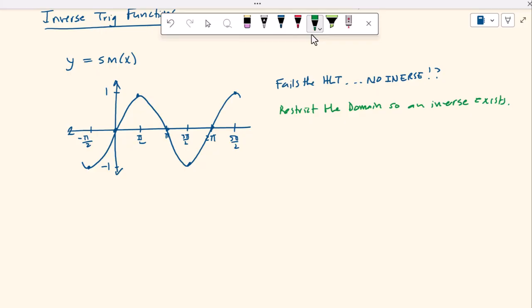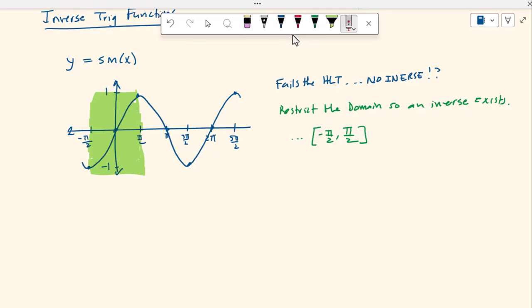So I'm going to restrict the domain to negative pi over 2 to positive pi over 2, points inclusive. That's why I have a bracket there. So this will be the region for my restricted domain for sine, and I can see right away an inverse does exist. It does pass the horizontal line test there. The points are included at the end because I can actually plug in pi over 2 and get a value of 1 back out. So that's my restricted domain.